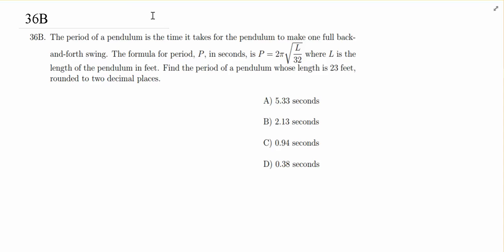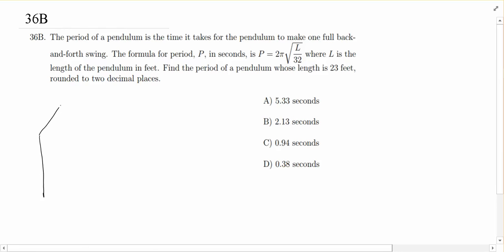If we think about a normal building, wherever you're at right now in the world, if you just look up at the ceiling, it's probably between 8 and 10 feet off the ground, somewhere in that ballpark. So if we're talking about a pendulum of 23 feet, then we're talking about 2 to 3 stories.